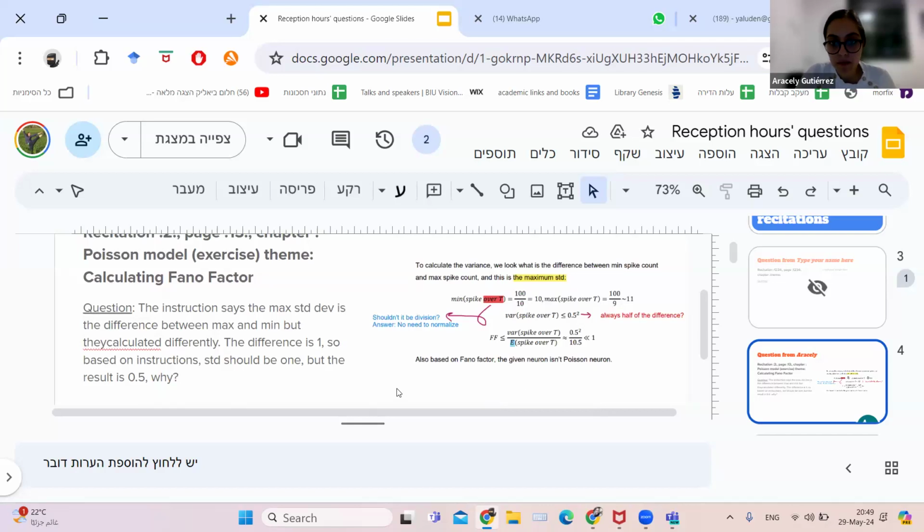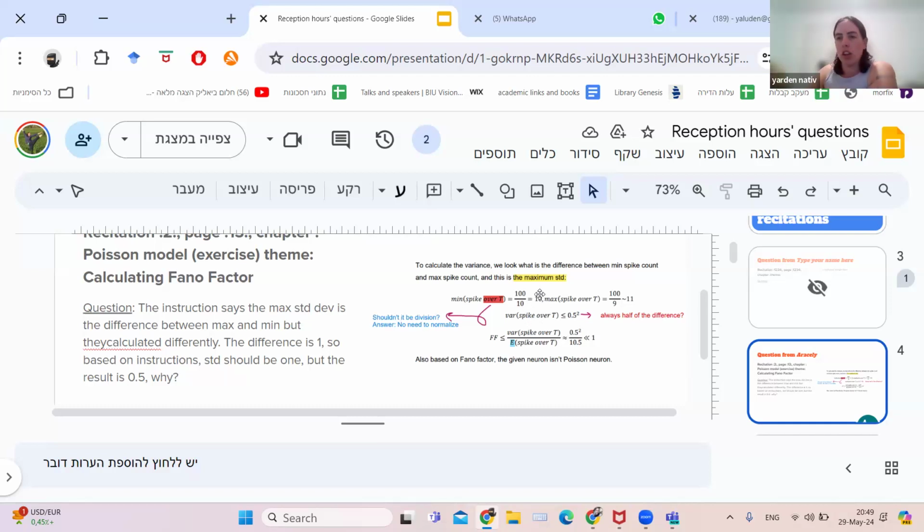So the minimum is 10 and the maximum is 11. The difference between these two is 1, because 11 minus 10 is 1. And the sentence says that this difference should be the maximum standard deviation. But then when it's calculating it, it says variance equals less than 0.5 squared. Where does this 0.5 come from? Because the difference was 1, not 0.5.